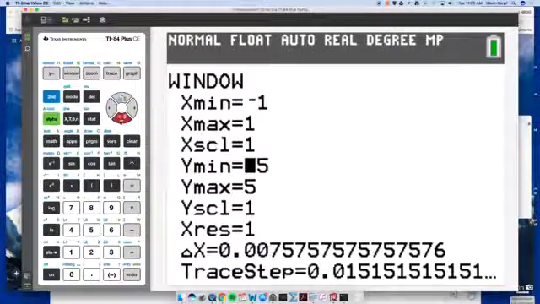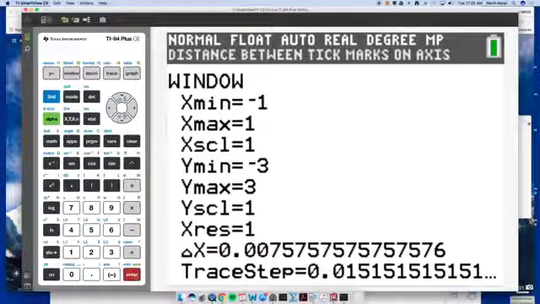Now, because we're looking for the x-intercept, I like to keep my y-min, y-max to something even smaller than -10 to 10. I like -5 to 5 or even -3 to 3. What that does is it stretches out your y-axis. Sometimes you'll have a graph that looks like it may cross, and you'll have to zoom in. If you go to -3 to 3, you're stretching it out enough to know if it crosses or not.